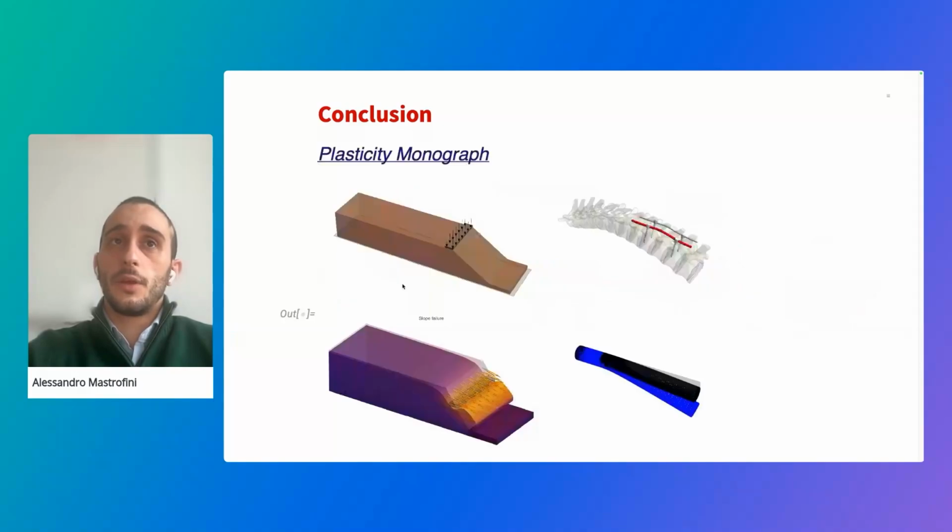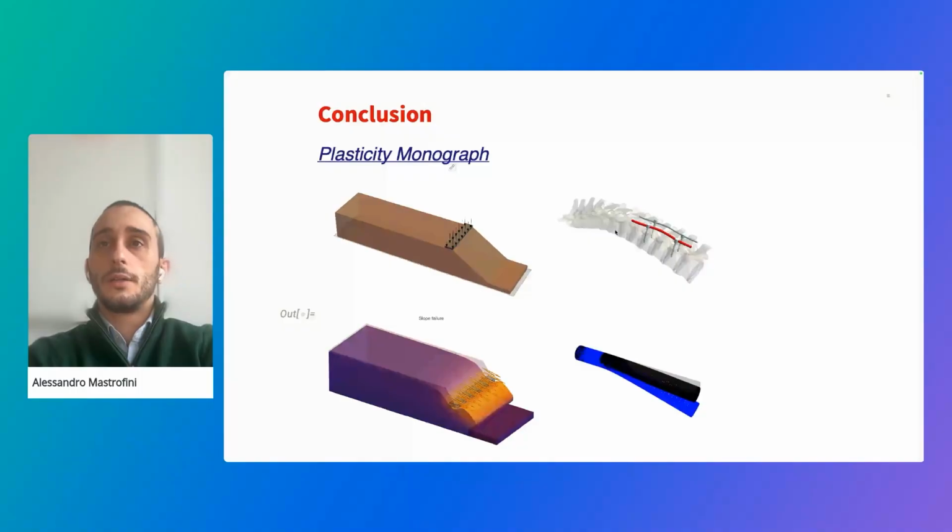Okay, and we are going to find not only all the information in the monograph, but also two interesting application examples that we are going to add in the new version. So on the right side, you can see one related to a rod for spine surgery, when the surgeon needs to bend this rod and model it to the patient's spine curvature.